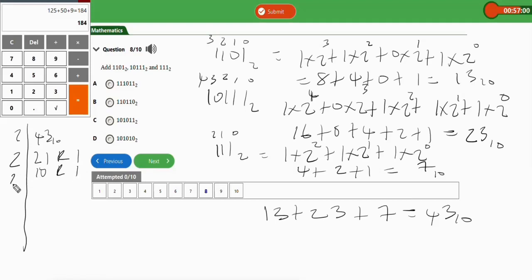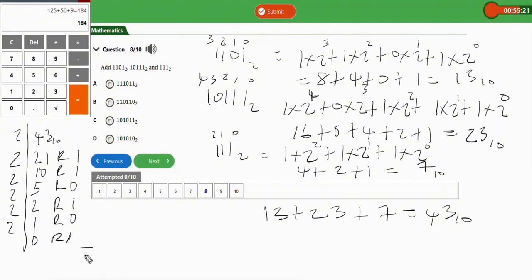So 2 into this, we're going to have 5 remainder 0. 2 into this, we're going to have 2 remainder 1. 2 into this, we're going to have 1 remainder 0. So 2 into 1, we're going to have 0 remainder 1.